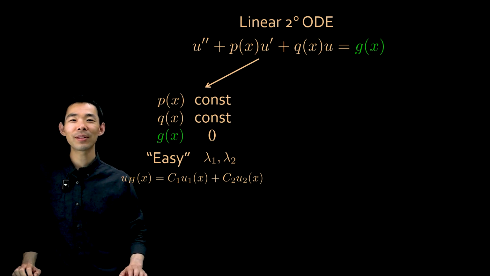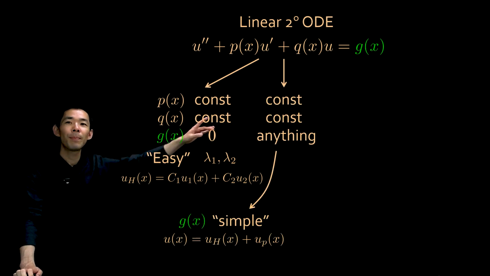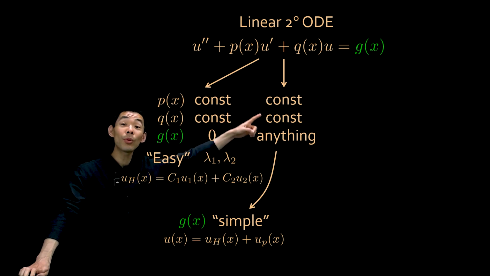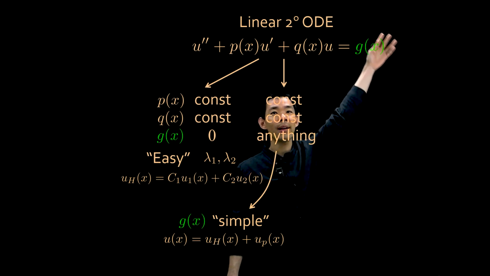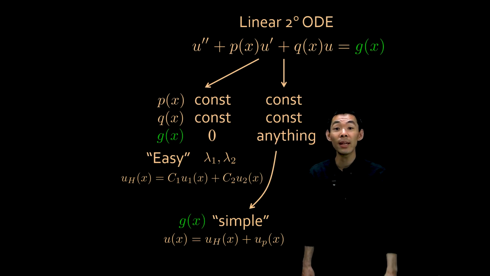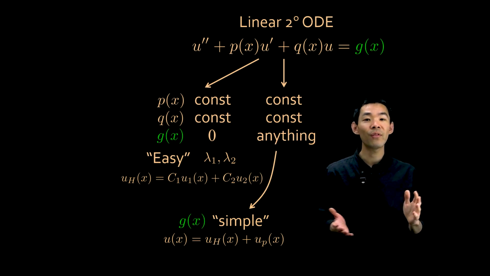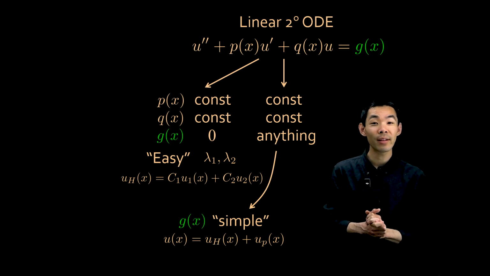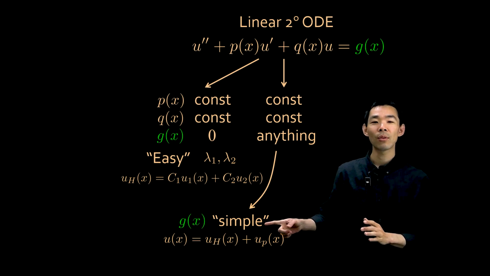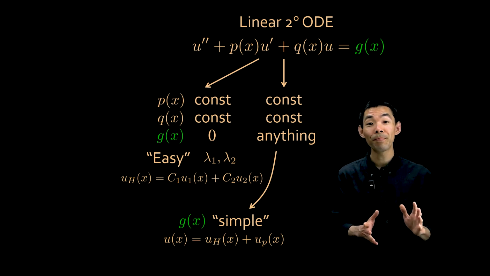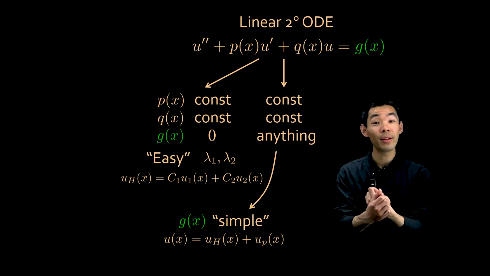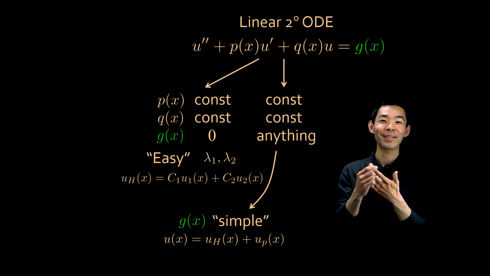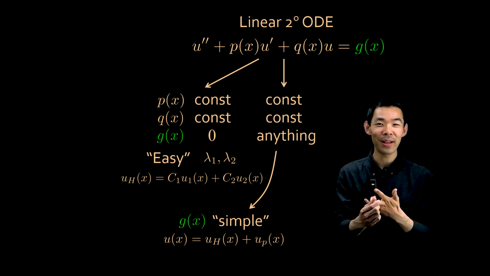Next, what we did was to cover the case where p and q were still constants, but now you had a right-hand side, g of x, over here in green, that could have been any arbitrary function of x. We considered the case where g of x was so-called simple, in the sense that it was a power series, or a polynomial, a sine or cosine, or of exponential form.